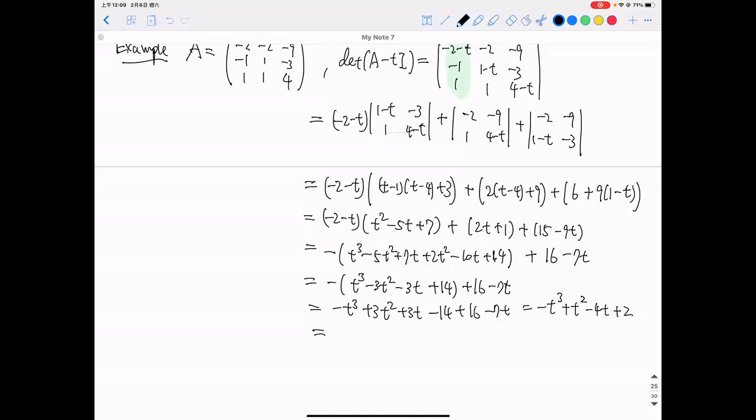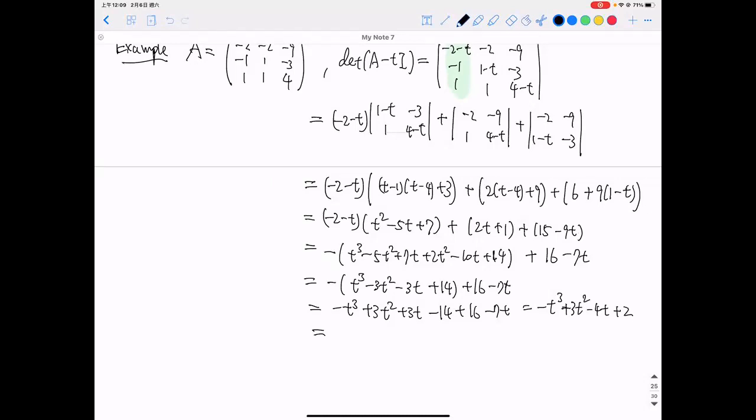Let's see. Maybe we're making some mistakes here. Let's check. Oh, sorry, I copied it wrong. The t squared term should be 3t squared.